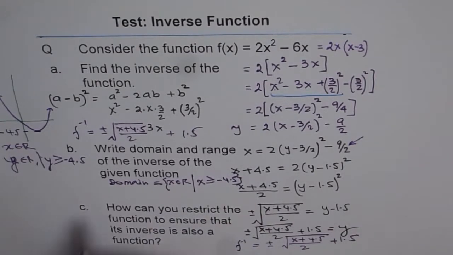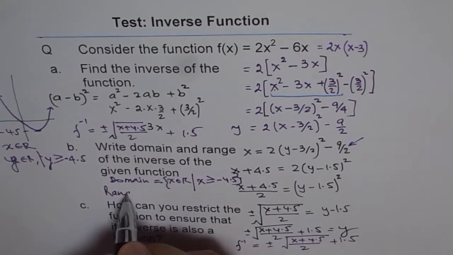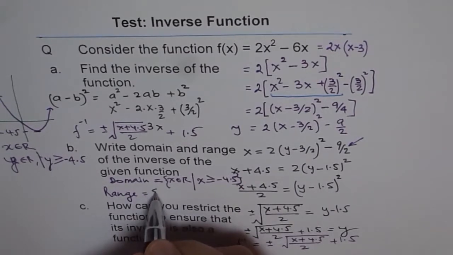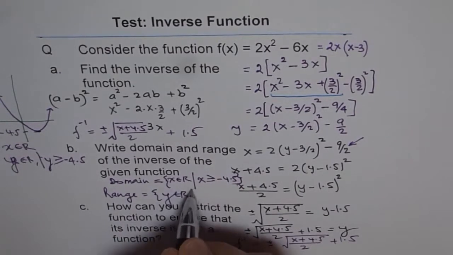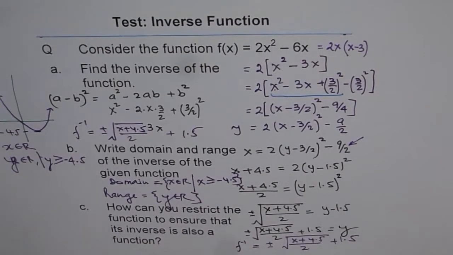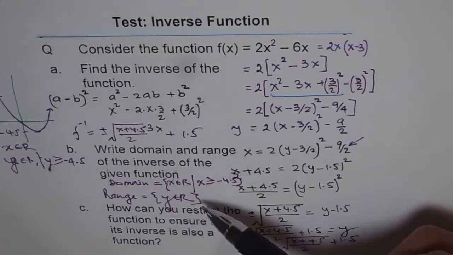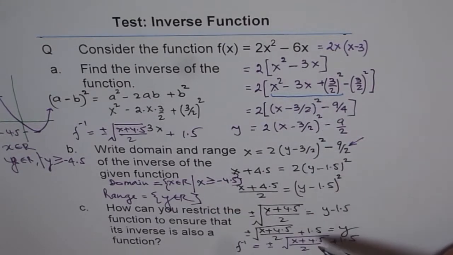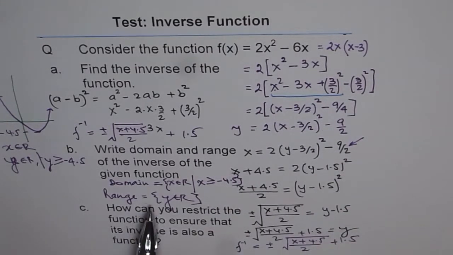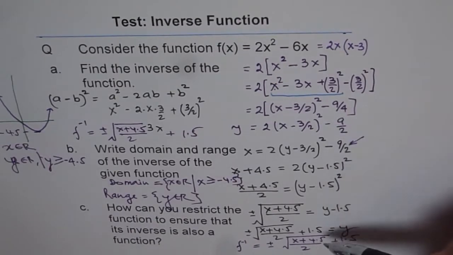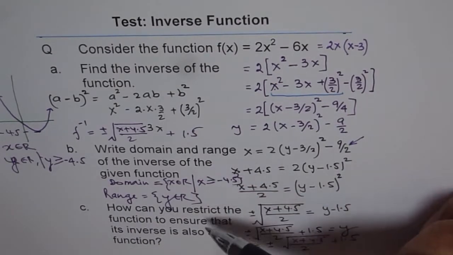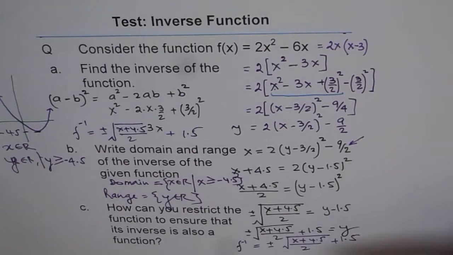That is the domain. And the range is y belongs to real numbers. So for the inverse of the given function, domain and range swap. You could have done that even without doing all this. Why am I saying this? If you do something wrong here, then at least you can get the other two right. That's the whole idea.